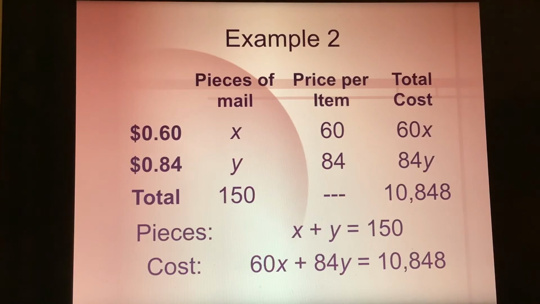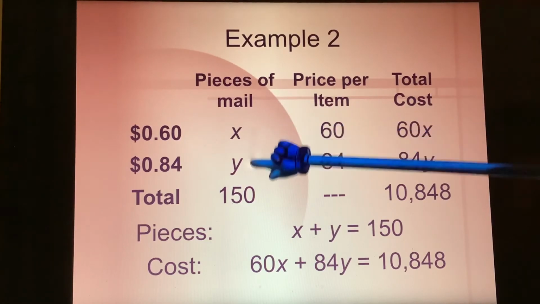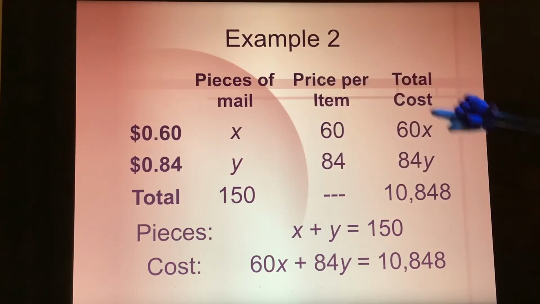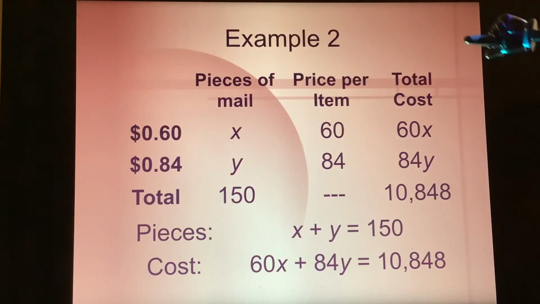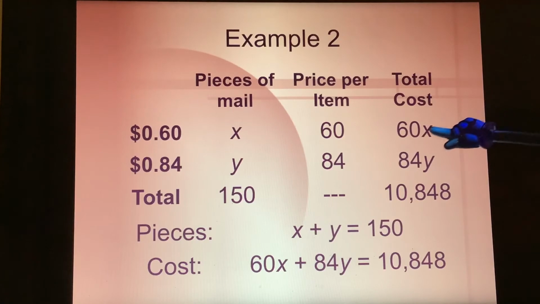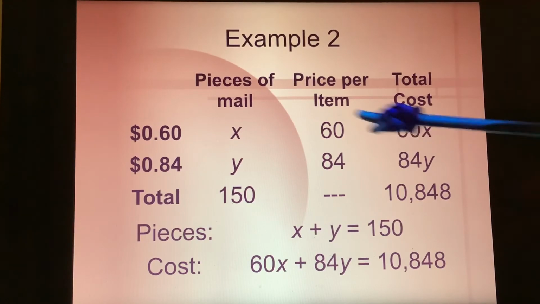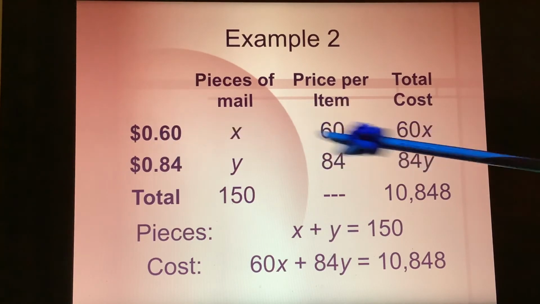All right, so first you read through the problem and you carefully assign the variables. We set up this chart right here, the table, and organized all of our information. So we used cents instead of dollars. We converted, this is 60 cents instead of $0.6.